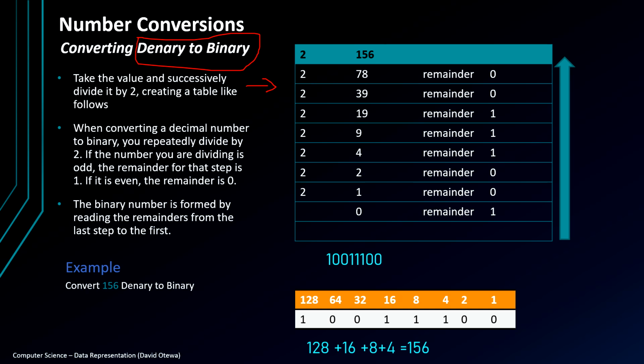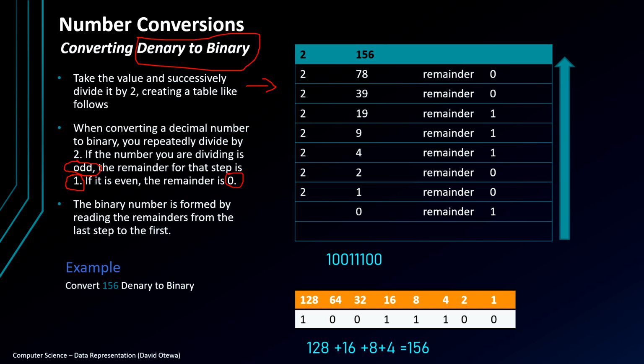If the number you're dividing is odd, that is, not divisible by 2, there will be a remainder, and the remainder will be 1. If it's even, the remainder will be 0.